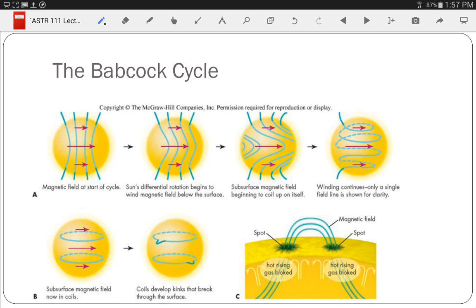So when this slide comes up, here we see some magnetic field lines and how they get deformed, we believe, by that rotation. And after a while, they get all tangled up. And when they get all tangled up, the interaction between magnetic fields causes some magnetic field lines to come up out of the surface and go back in.